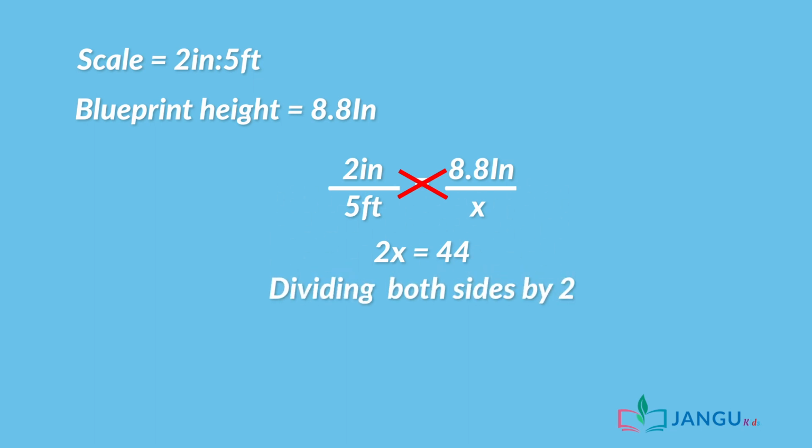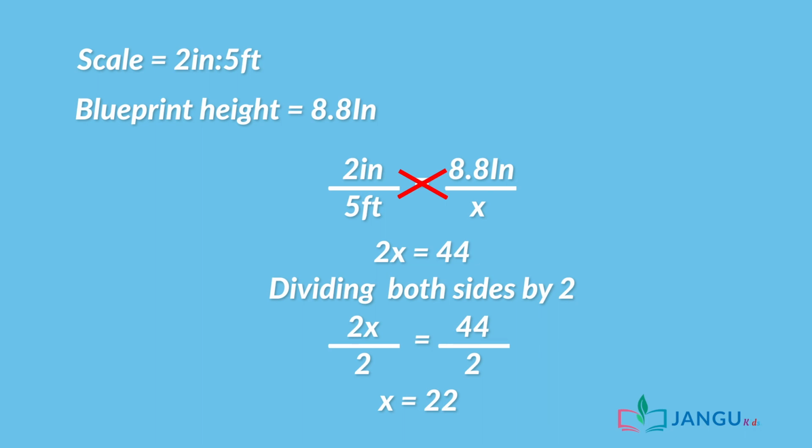Dividing both sides by 2, we have 2x divided by 2 is equal to 44 divided by 2. How many times does 2 go in 2? And how many times does 2 go in 44? x is equal to 22 feet.